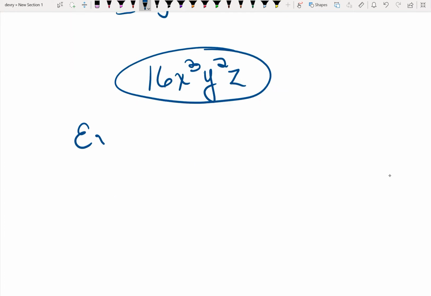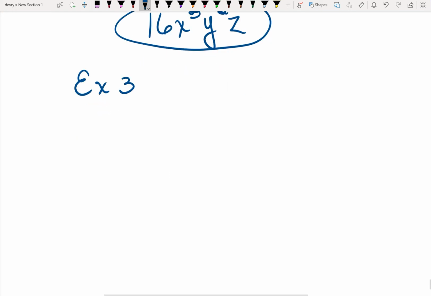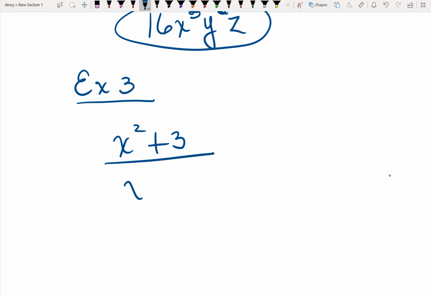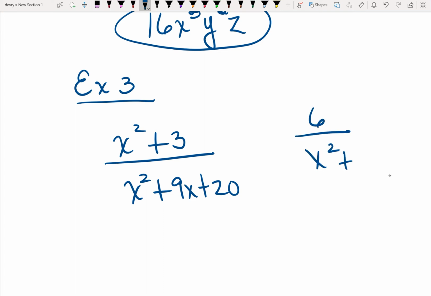When you look at example 3, it's more of the same, but now they're giving you values such as x squared plus 3 divided by x squared plus 9x plus 20, and then 6 over x squared plus 8x plus 16, just as an example.